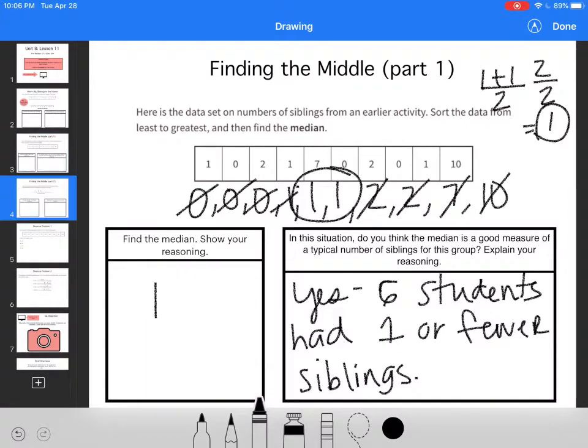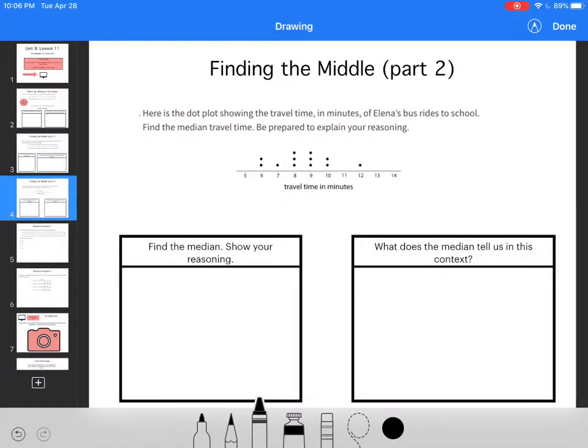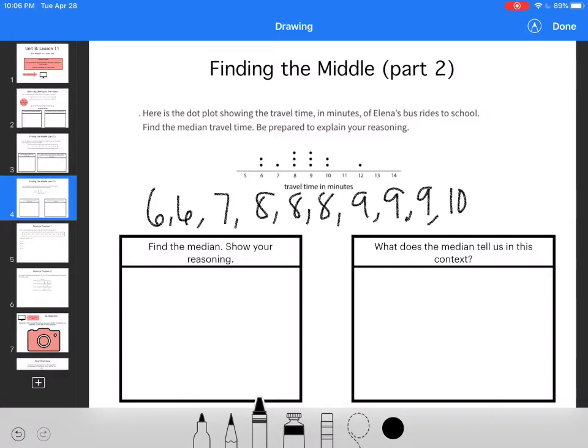Okay, so now I'm going to take a look here. It says find the median of the travel time Alina's bus rides to school. Find the median time. So again, I'm going to use the dot plot to my advantage. Right, and then I'm going to cross 1 off on each side.